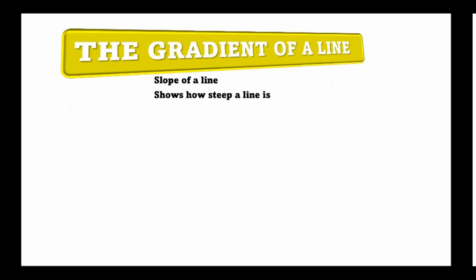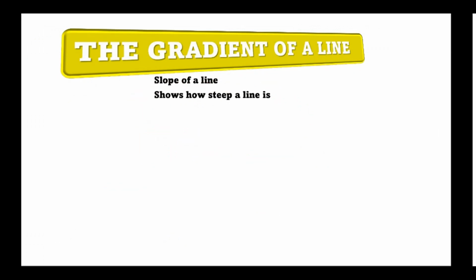So we're going to start off by looking at the gradient of a line. The gradient of a line is defined as the slope of a line, and it shows how steep a line is.